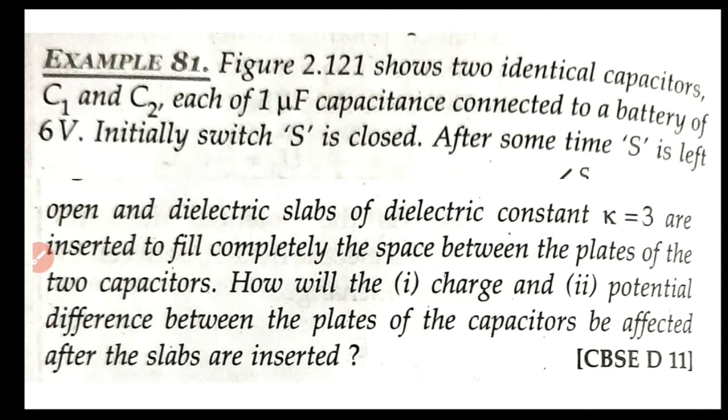The dielectric constant 3 slabs are inserted to fill completely the space between the plates of the two capacitors. So in the two capacitors itself, the dielectric is introduced. You are asked to find how the charge and potential difference will be affected after the slabs are inserted.